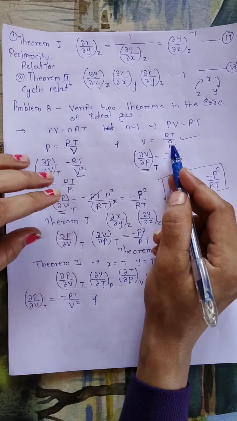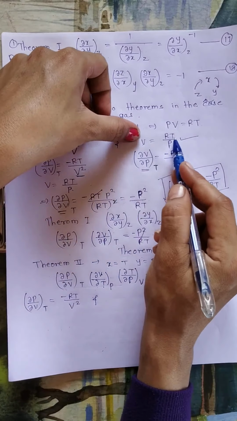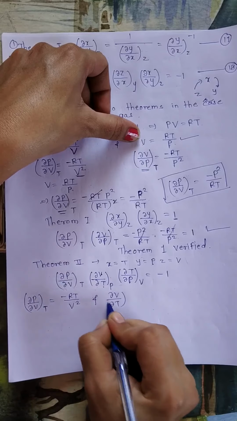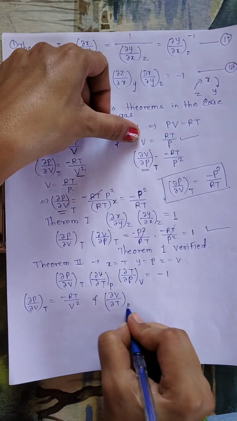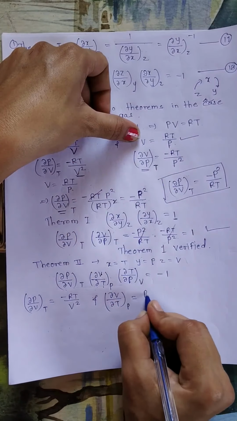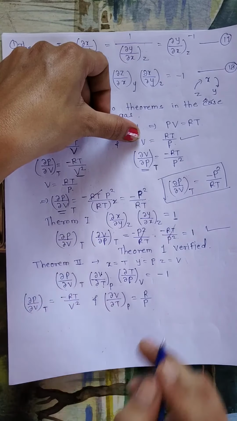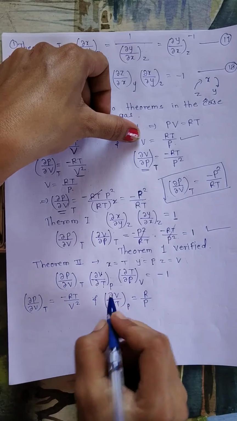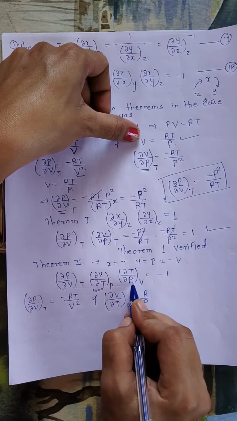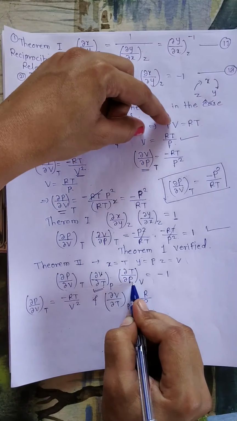So if we find the derivative of V with respect to T, we will get ∂V/∂T. Let's keep P constant. So what will be the derivative of T? It will be 1 and the remaining R/P is constant. So this is ∂V/∂T at constant P, that is this value. Now we have to find ∂T/∂P.